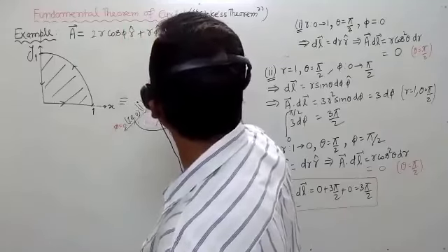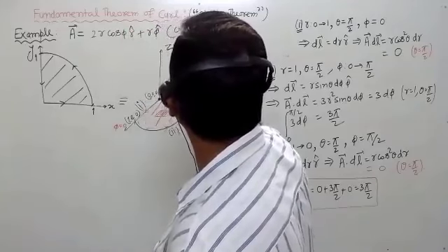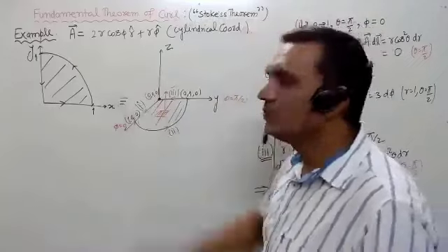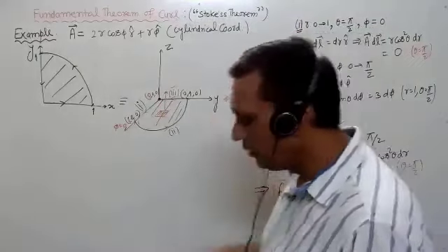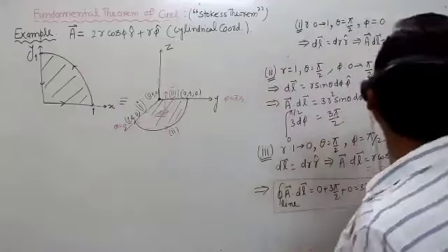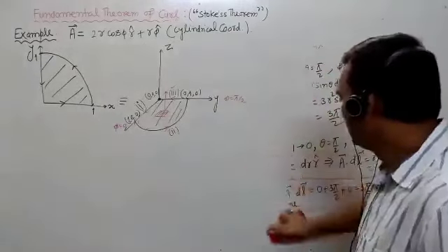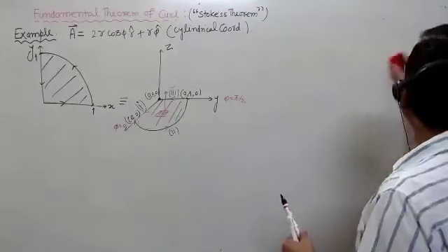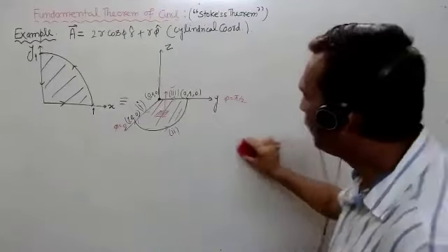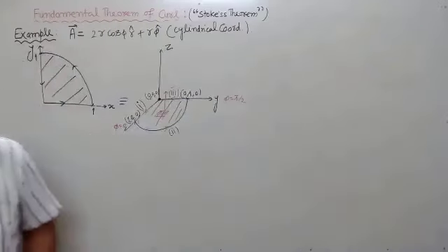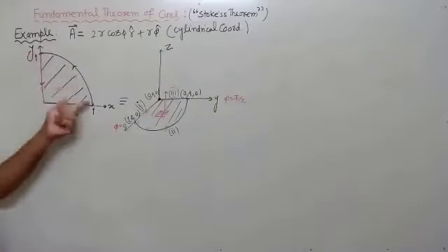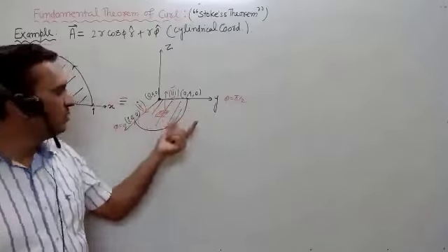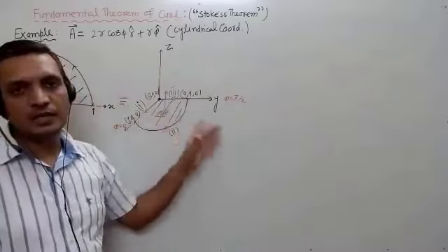Assume vector A is given in cylindrical coordinates. The same open surface is given, and you have to verify Stokes theorem. So first you have to find the curl of A. I have also calculated it. This circular arc is given in the xy plane. So then, just to compare with cylindrical symmetry, you have to redraw this surface in this form.